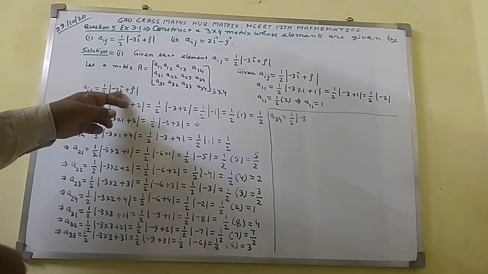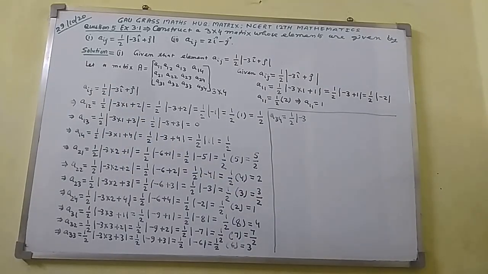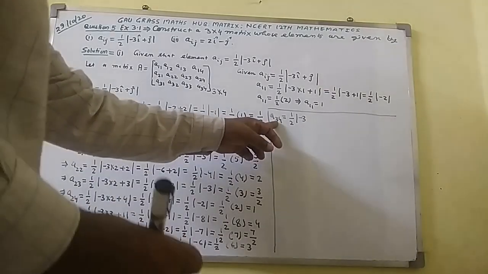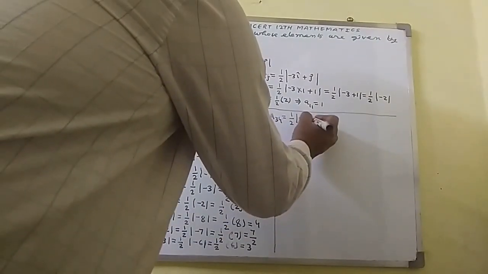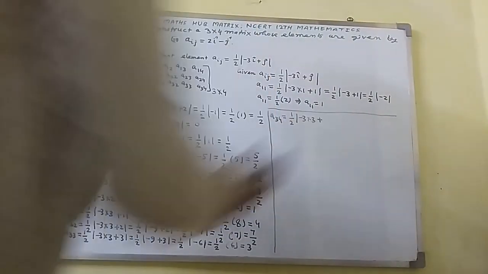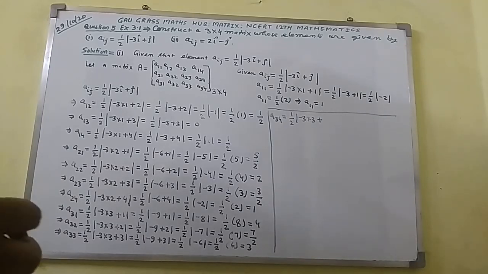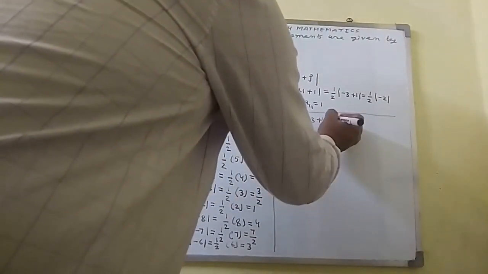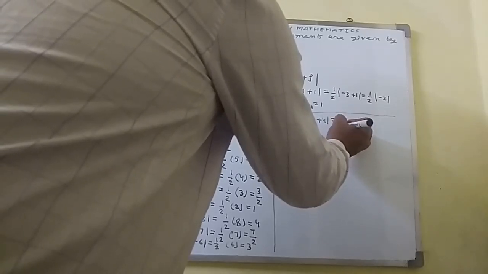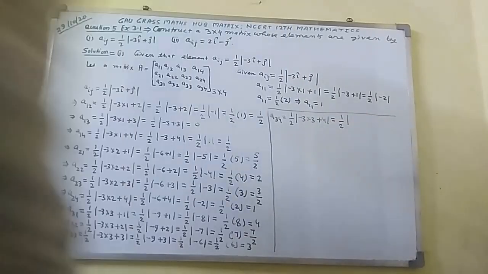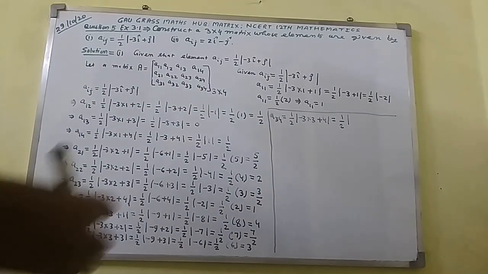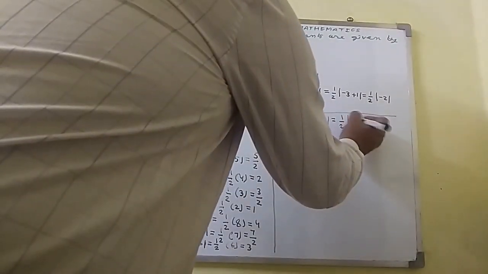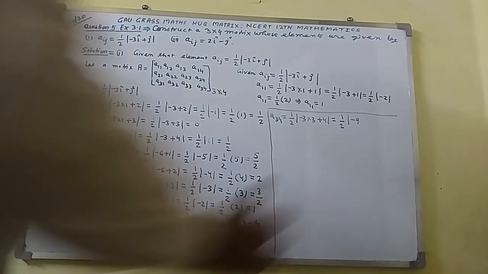The value of row position I shall take this one, 3, write 3 plus the value of column position, I shall take from here 4, equal to 1 over 2 mod minus 3 will multiply to 3, you will get minus 9 plus 4.